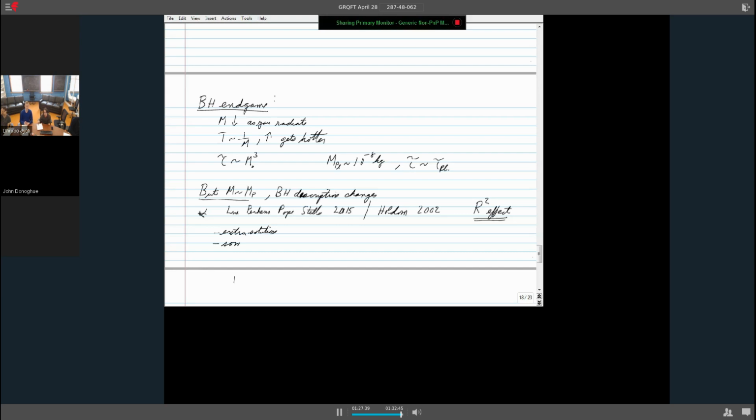The scales are set so the Planck mass is about 10 to the minus 8 kilograms. So if you had a black hole of 10 to the minus 8 kilograms, the lifetime would be the Planck time. Then you scale up as m cubed, so it lives longer.